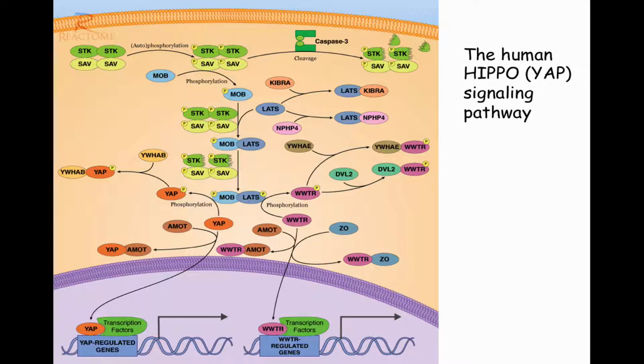So we can think of both of these as pro-growth regulatory proteins, and by default, that's what they do. They encourage the cell to metabolize and to proliferate. The entire cascade up above it is a whole array of interactions that tend to keep these two proteins from getting into the nucleus.